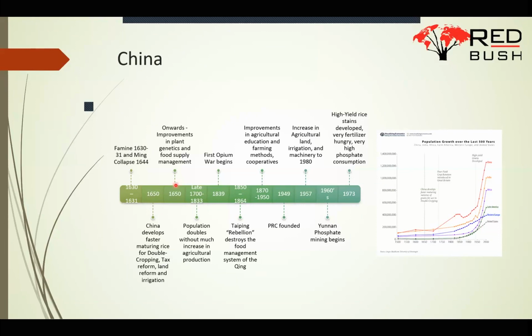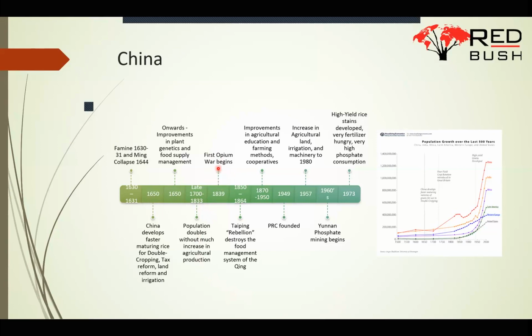However, by the late 1700s or the early 1800s, China's got the same problem as England. Their population has doubled, but they cannot increase their yields anymore. For various reasons, the colonialists, First Opium War, so the wars with England specifically, start.